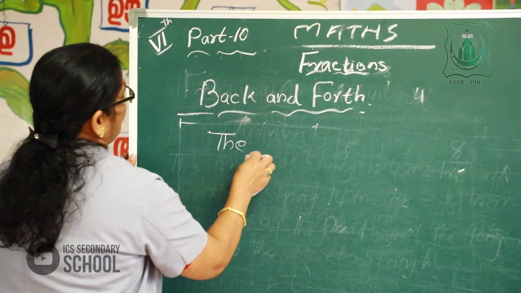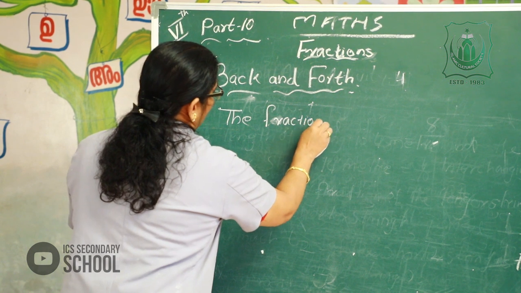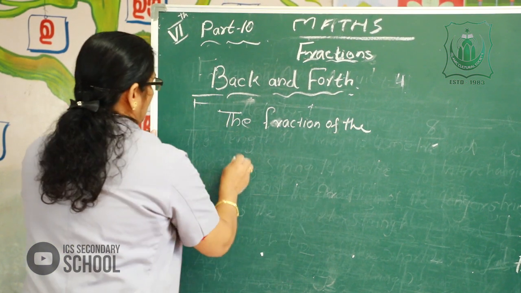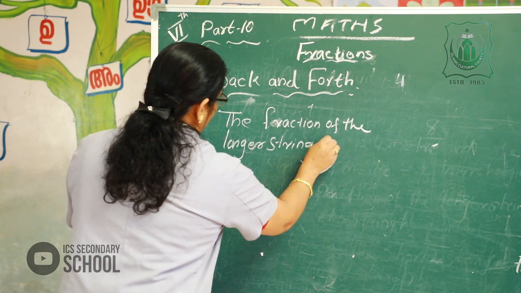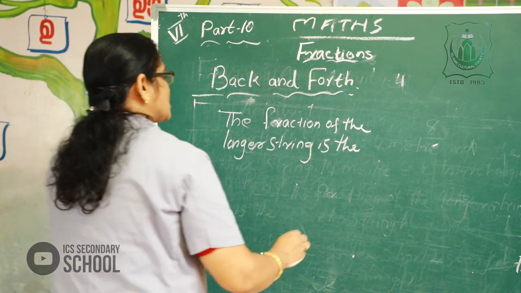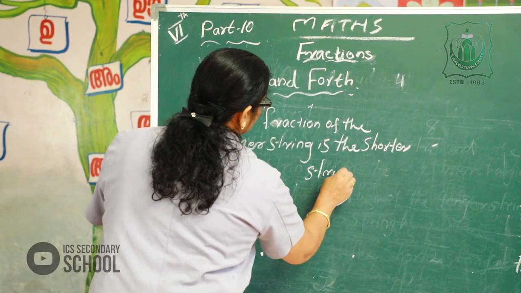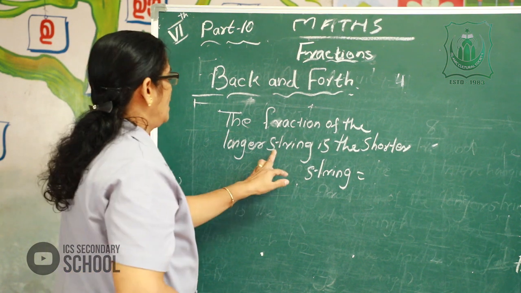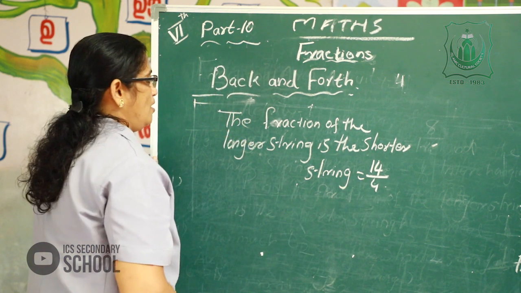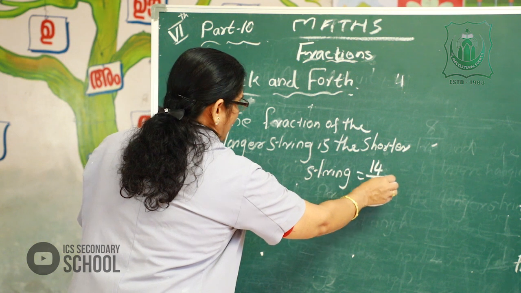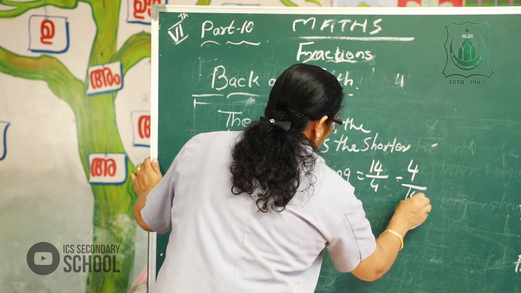The fraction of the longer string is 14 divided by 4, and the shorter string is 4 divided by 14.